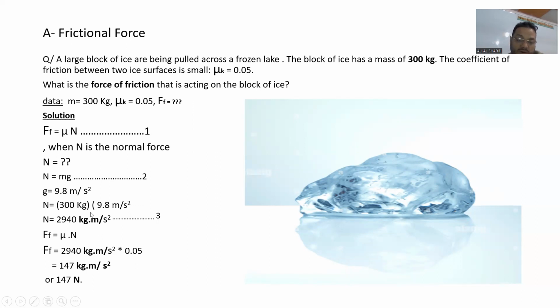So 300 kilograms multiplied by 9.8 meters per second squared equals 2,940 Newtons. Then 2,940 multiplied by the friction coefficient, 0.05, I have 147 Newtons.